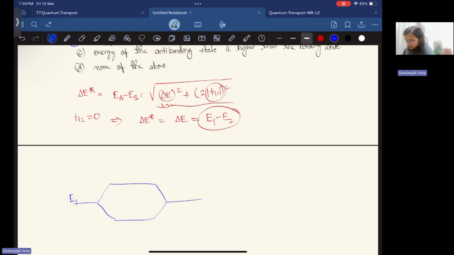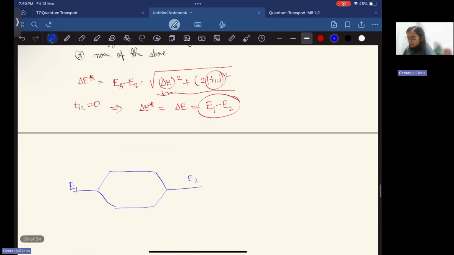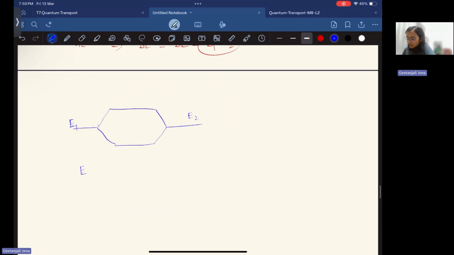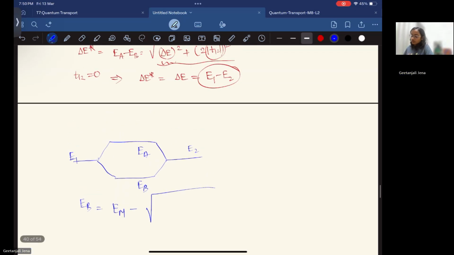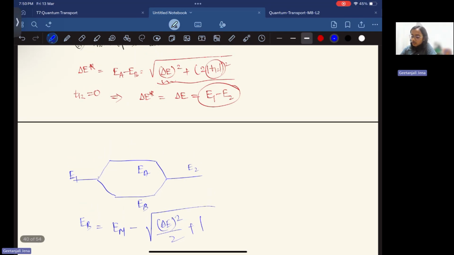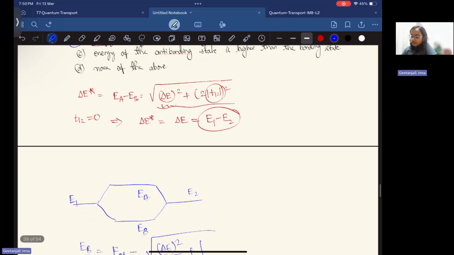So if E1 is equal to E2, if you look at the mathematical relation, EB is given by EM minus square root of delta E square by 2, or so it depends.